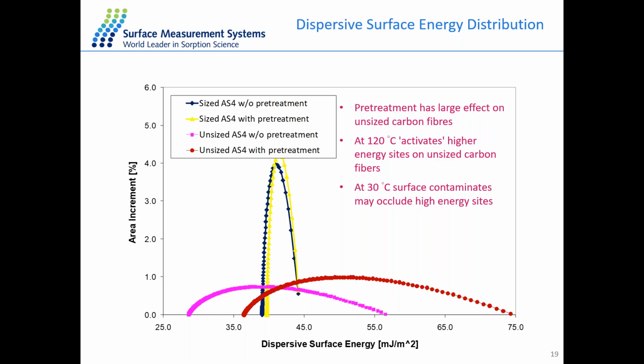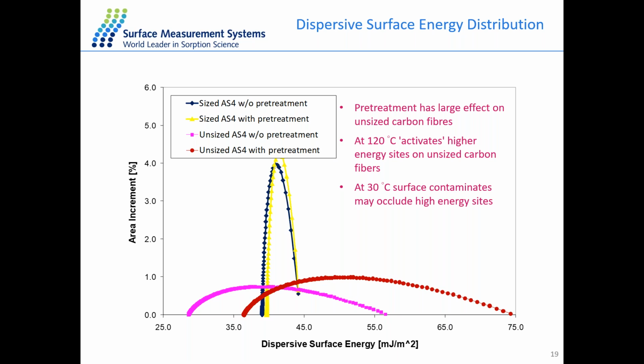If we integrate under the curve, we obtain these peaks here. We can understand that our pre-treatment has a large effect on the unsized carbons. If you look at when we activate our carbon at 120 degrees with our pre-treatment, we can see that we have a much more heterogeneous surface.